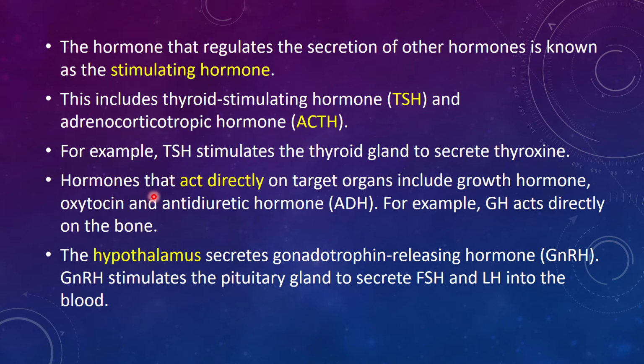But there are also hormones that act directly on the target organs, for example, the growth hormone, oxytocin, and the ADH. For example, GH will act directly on the bone to promote growth. The hypothalamus, that is part of the brain, will secrete gonadotropin releasing hormone, which will stimulate the pituitary gland to secrete FSH and LH into the blood.